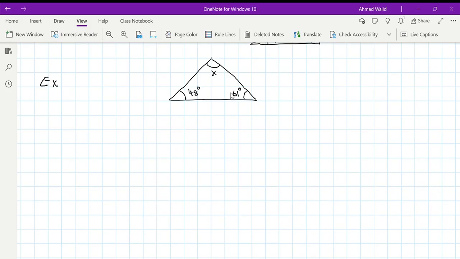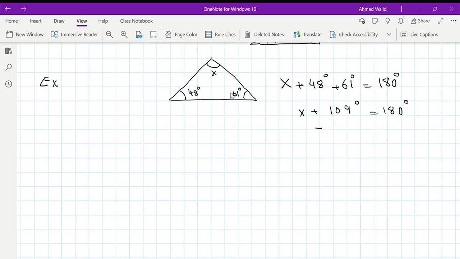correct? Based on the relation that I know, if I add up all these three angles, it should give me 180 degrees. Then I will write x plus 48 degrees plus 61 degrees equals 180 degrees. It means x plus 61 plus 48, which gives you 109, degrees equals 180 degrees.